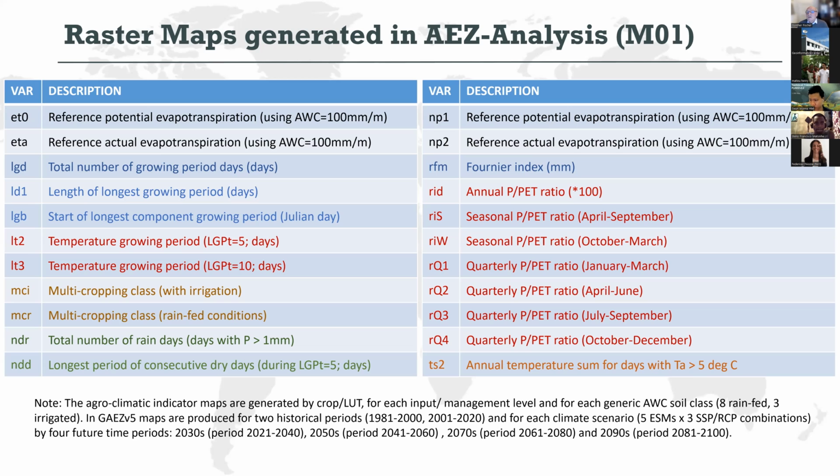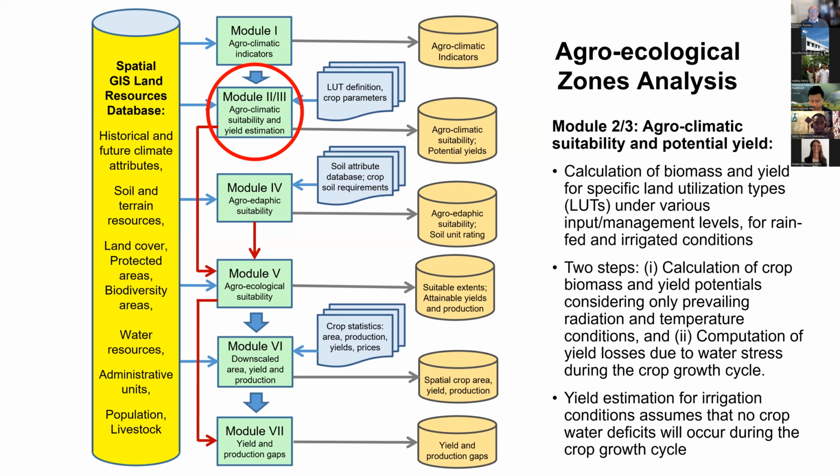There's calculation of net primary production, the Fournier index, and various P over PET ratios, which are also a good indication of annual or seasonal conditions, comparing incoming precipitation to demand in terms of potential evapotranspiration.